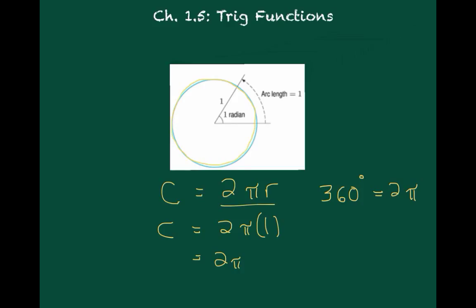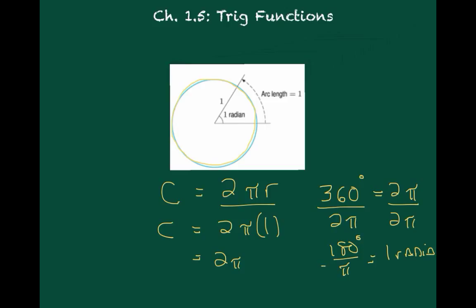If that's 2 pi, then that has to be equal to 360 degrees. Let's solve for the right side. If we divide both sides by 2 pi and simplify, we'll get 180 over pi is equal to 1 radian. So that's 180 over pi degrees.